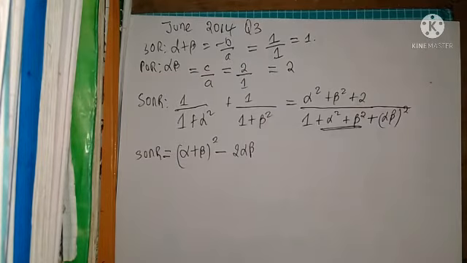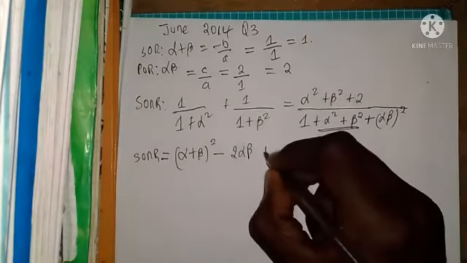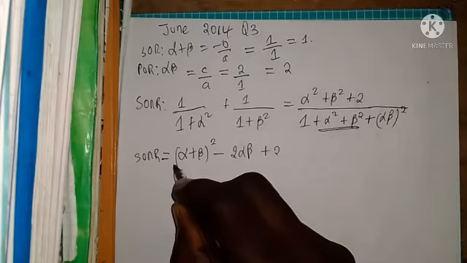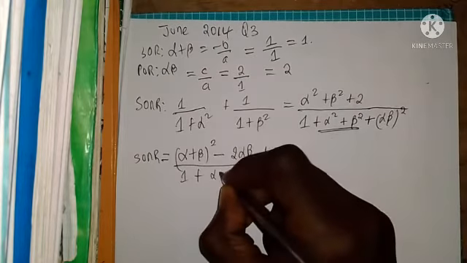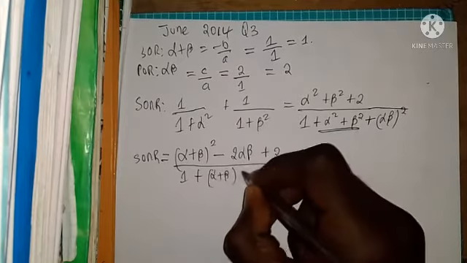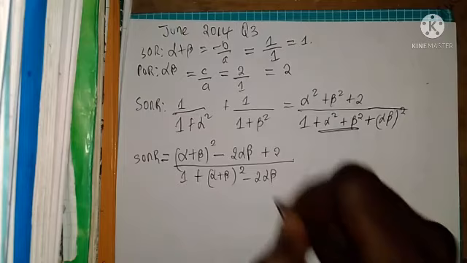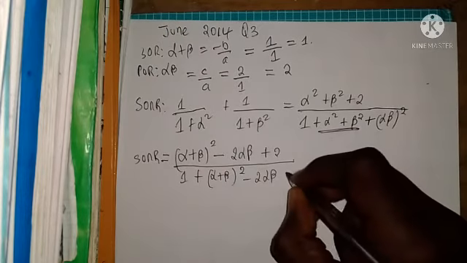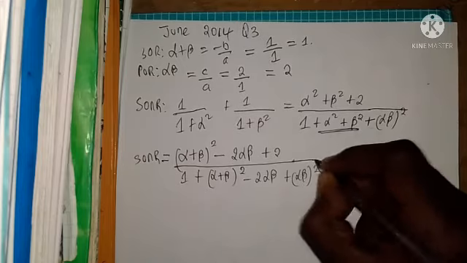If you don't know how to get this identity, make sure you check the video and get back to this one. And all this plus 2, divided by 1 plus alpha plus beta all squared minus 2 alpha beta plus alpha beta all squared.